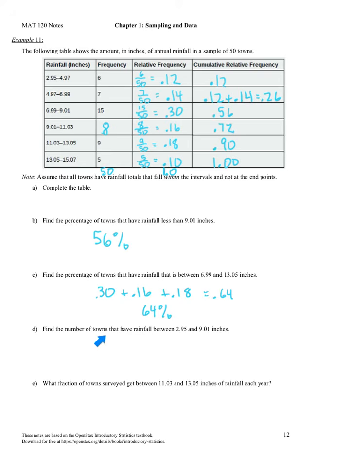Then we have to find the number of towns that have rainfall between 2.95 and 9.01. Now the number refers to frequency. So between 2.95 and 9.01, we would add up the 6, the 7, and the 15 in order to get 28 towns.